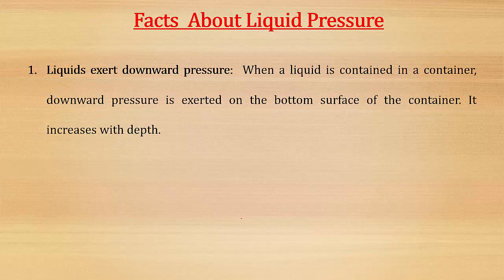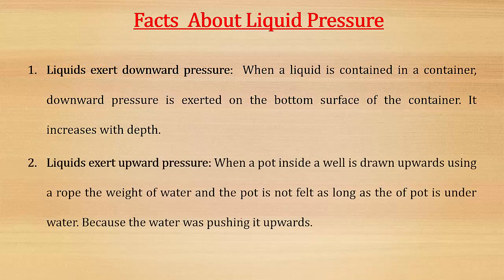Then, facts about liquid pressure. What are the facts related to liquid pressure? The first point, liquids exert downward pressure. Second point, liquids exert upward pressure. When they exert downward pressure and when upward pressure, we can study.